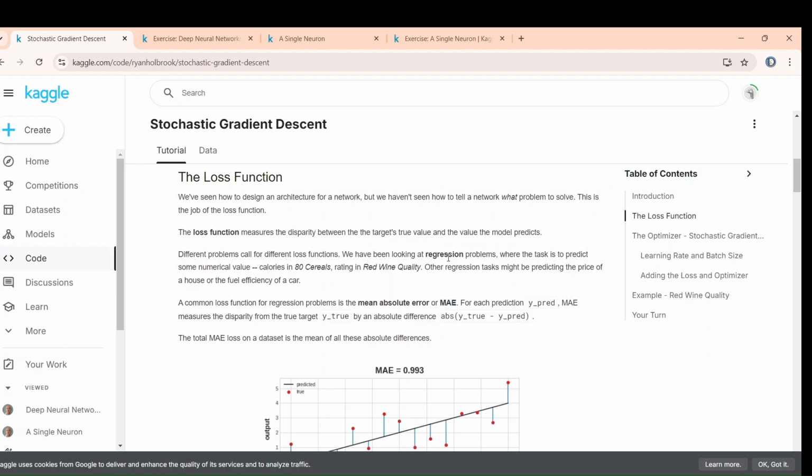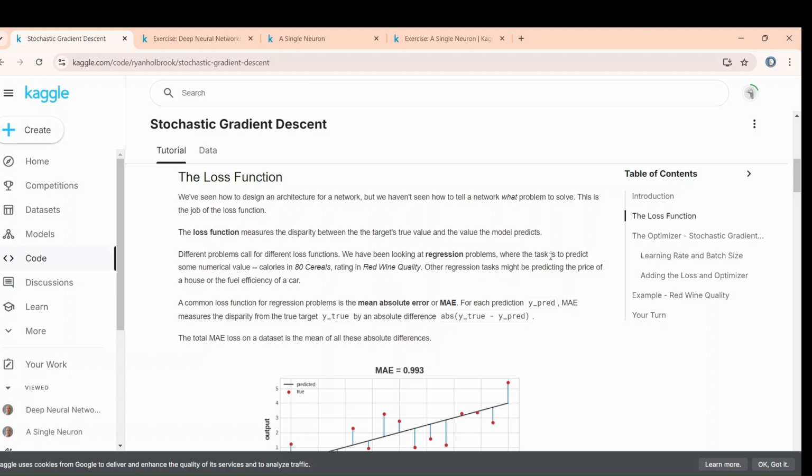Suppose we are working with a regression problem where you have to predict a numerical value, or suppose you are working with a categorical problem where you have to predict the category. Depending on that, your loss function will differ. There is no single loss function; for every model, the loss function is different.